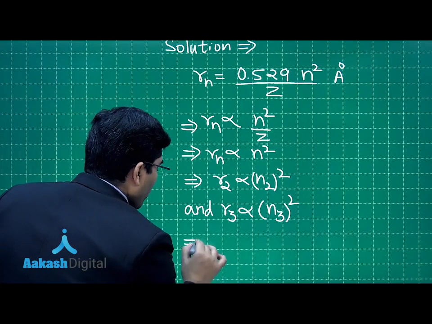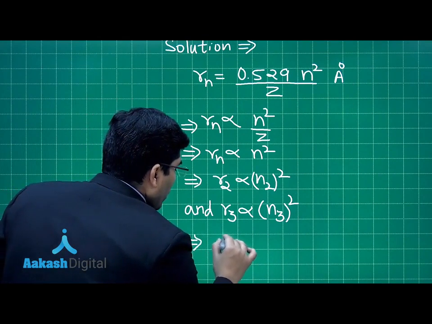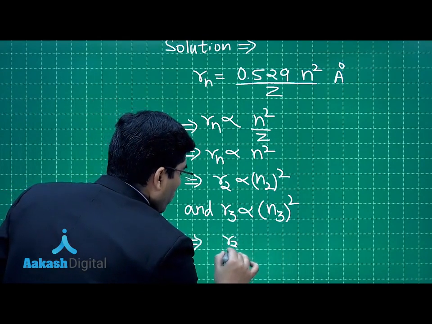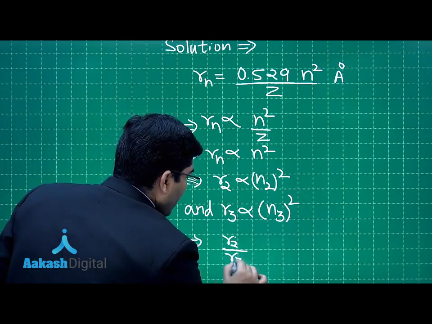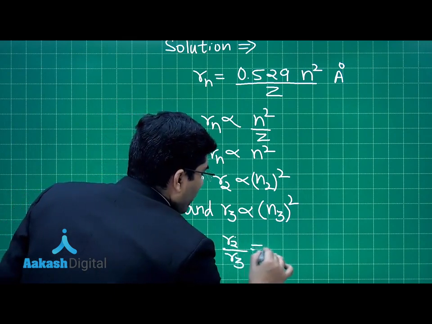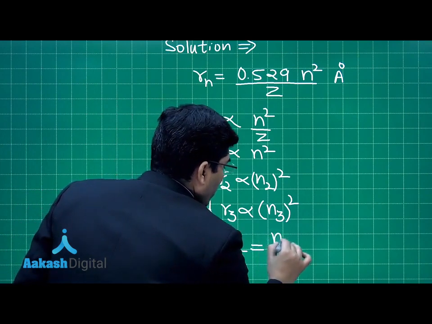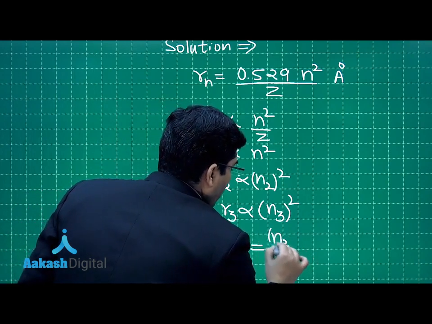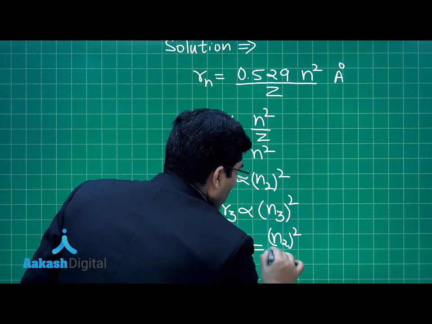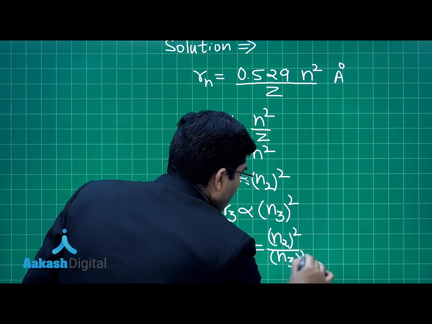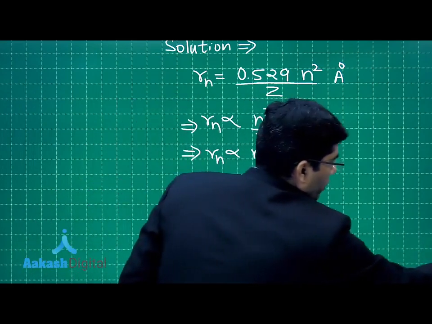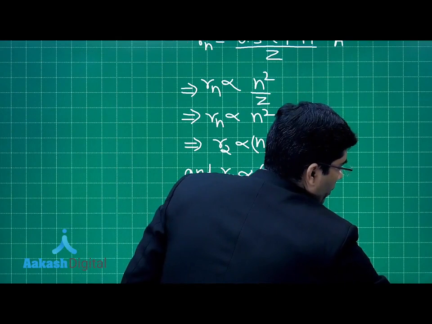So we are dividing R2 divided by R3. That will be equal to n2 square whole divided by n3 square.